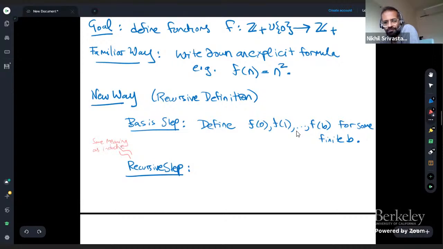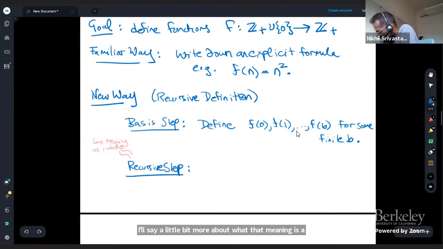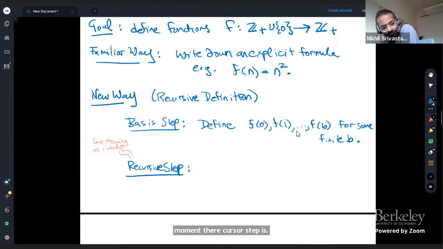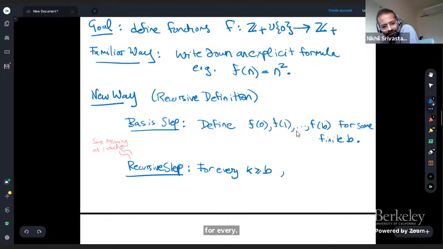I'll say a little bit more about what that meaning is in a moment. The recursive step is, for every integer that's bigger than b, you define f of k plus 1 in terms of all the smaller values of f.